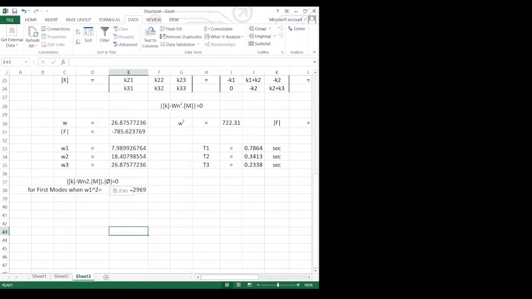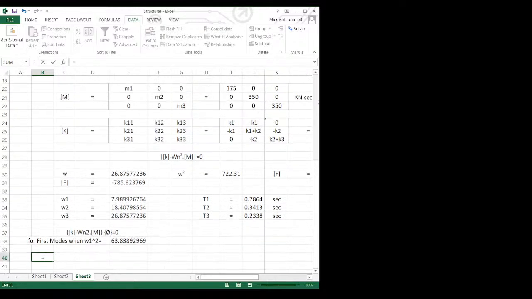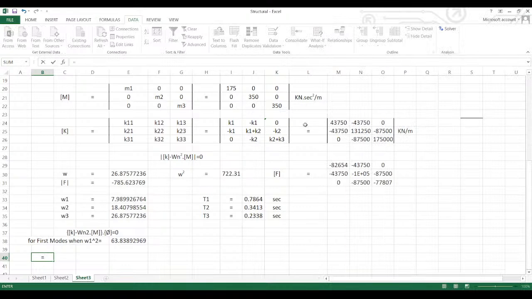for the mode 1 matrix, that is the k matrix is equal to k minus omega square. We have to put the dollar sign here.